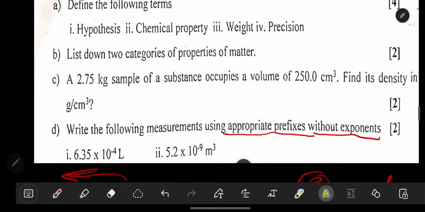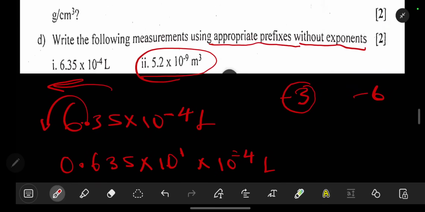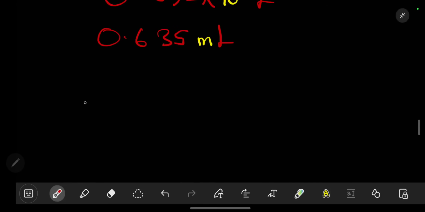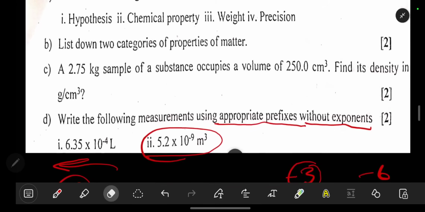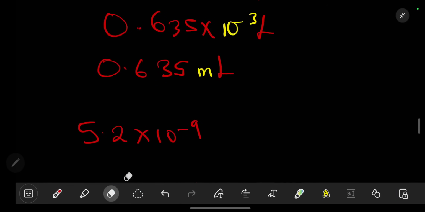With that said, we are going to look at this other one. It will be 5.2 times 10 to the power negative 9. Oh, it's meter cubed, meter to the third.